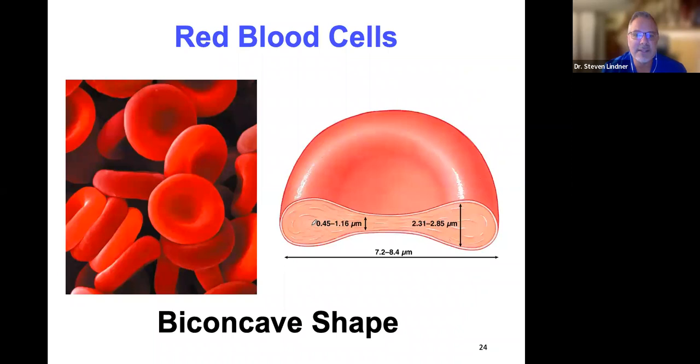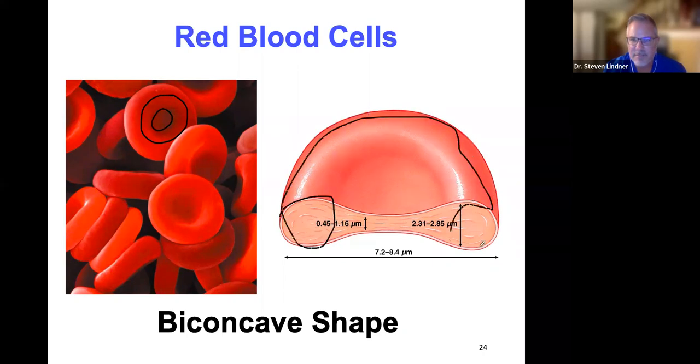So red blood cells are kind of unique. Under a microscope, the outer part is thicker, and the inner part is thin. You can see on a cross section that the periphery, this outer portion, looks a lot thicker.